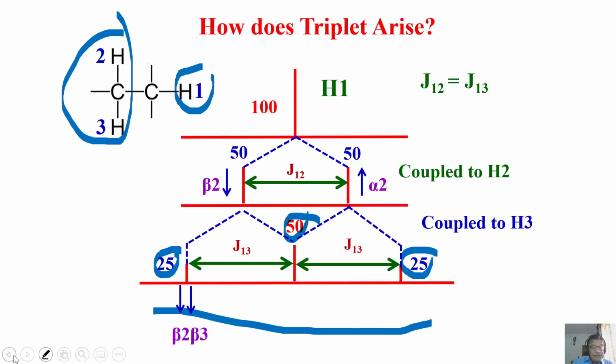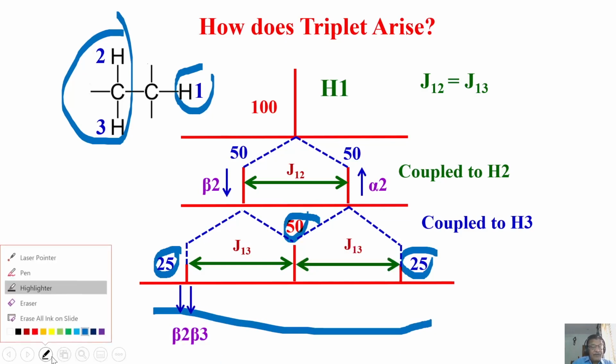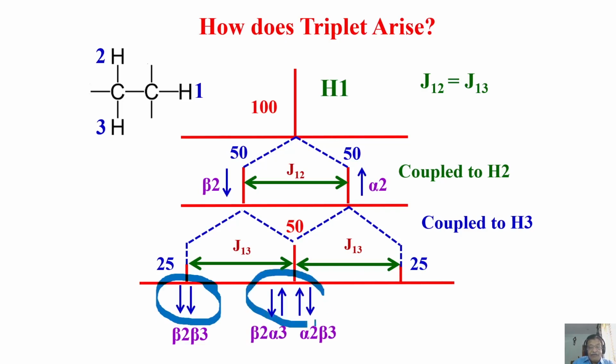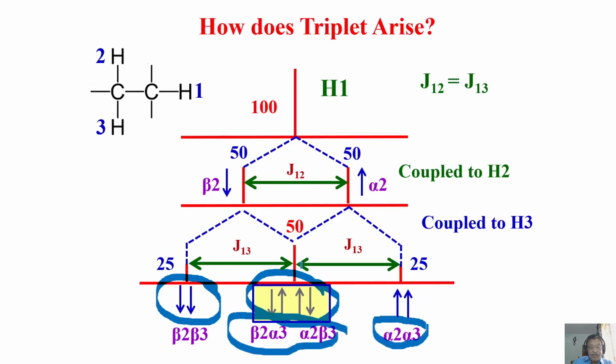Now, this can be understood with a different logic. What is this logic? These two correspond to beta-beta orientation. And here there are two possible orientations, alpha beta and beta alpha. They overlap and give rise to two intensity. Now this corresponds to alpha alpha. This is only one intensity. This is two, the same, overlapping and giving twice the intensity.